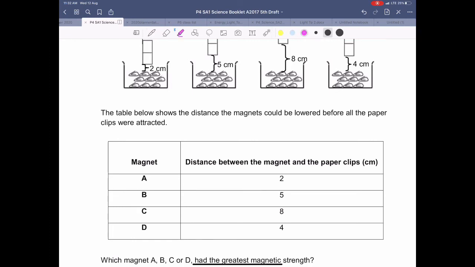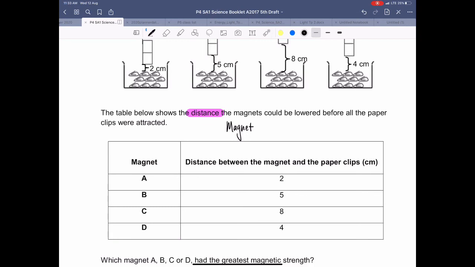You know that the concept they want to test you on is magnetic strength. However, I want to caution you that for the concept of magnetic strength, they like to use the distance between magnet and magnetic object.